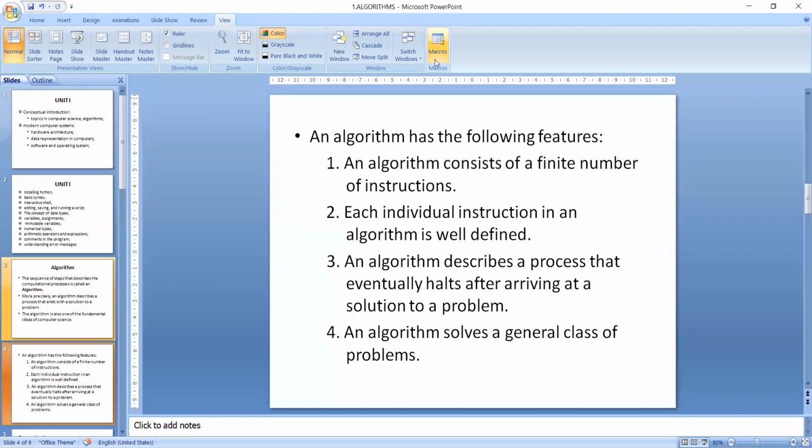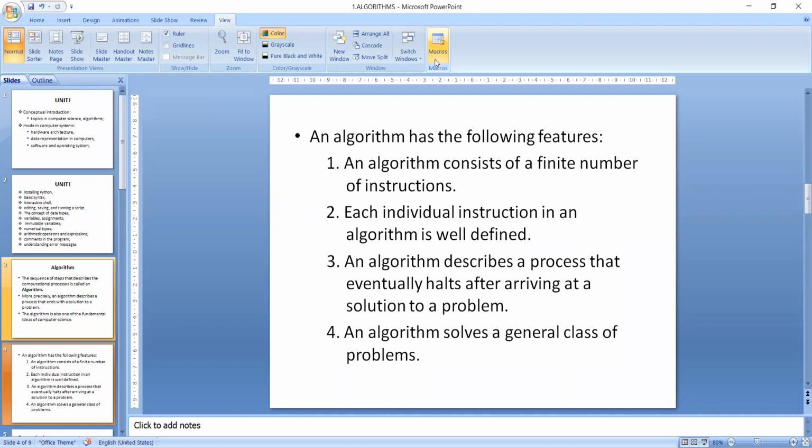If any wrong instruction exists, you may not prepare the paper boat; it can turn out to be something else. The same thing applies here. If you want to prepare something, you have to define each instruction well while writing an algorithm.